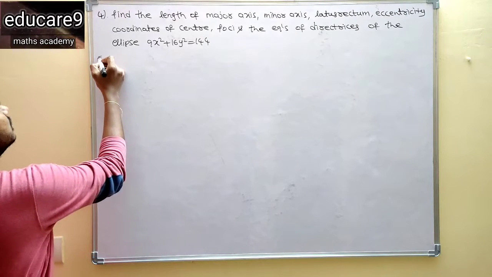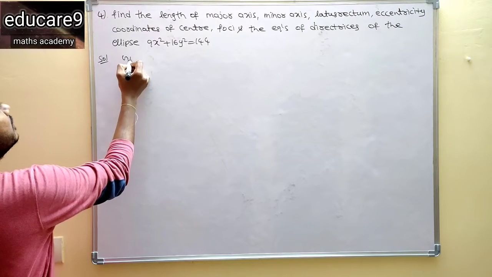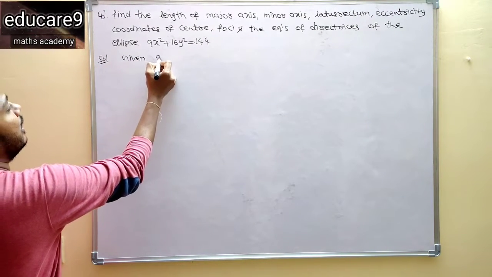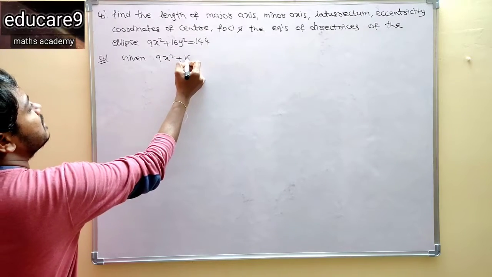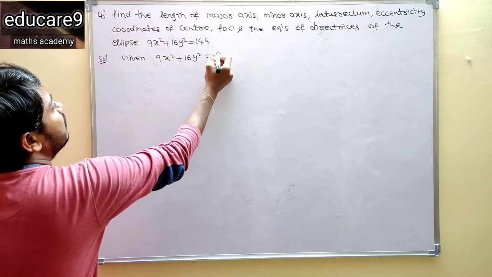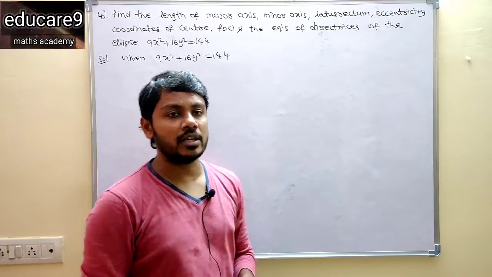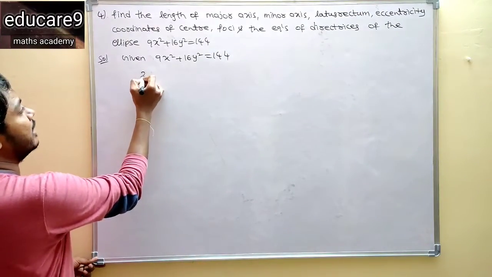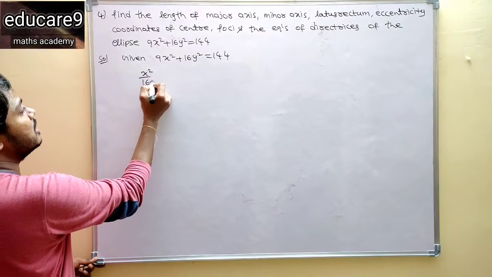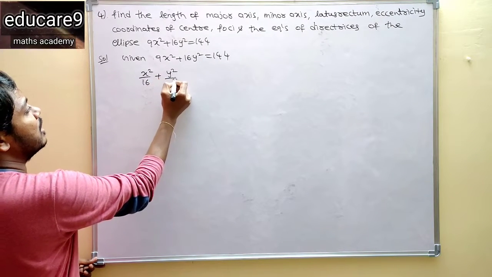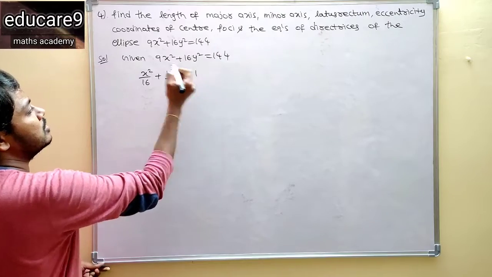See here, given ellipse 9x square plus 16y square is equal to 144. So divide both sides by 144. You will get x square by 16 plus y square by 9 is equal to 1.